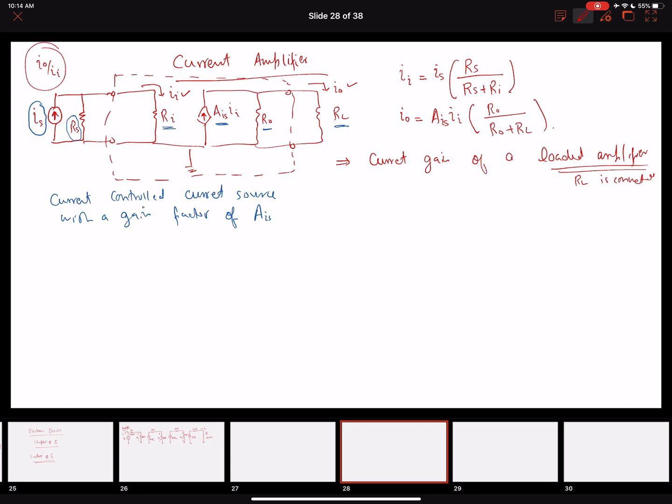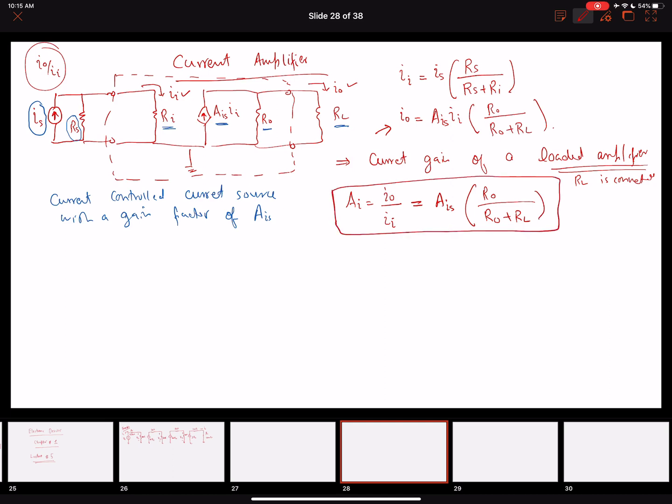We have connected the amplifier to a load resistance. So the current gain of a loaded amplifier, AI, equals I naught over II. And I can use this equation to determine this value. AI over II is equal to AIS into R naught over R naught plus RL. This is the value of the current gain for a loaded amplifier.